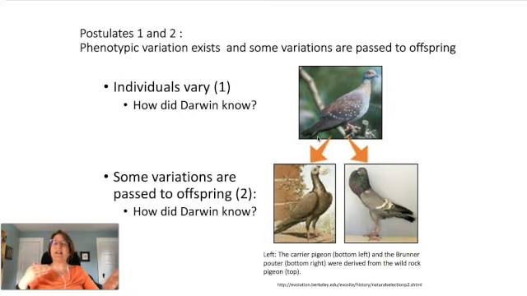Even though he didn't know how genetics and heredity worked, he knew that it did work. He noticed that offspring often resemble their parents in a variety of different characteristics, and he was interested in that fact, and he incorporated that into his theory.